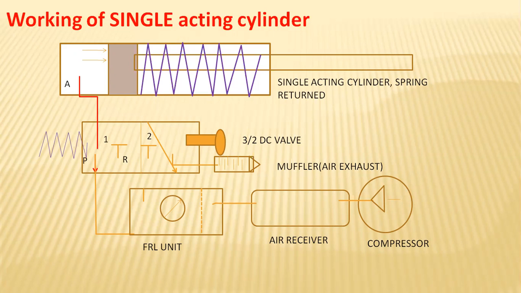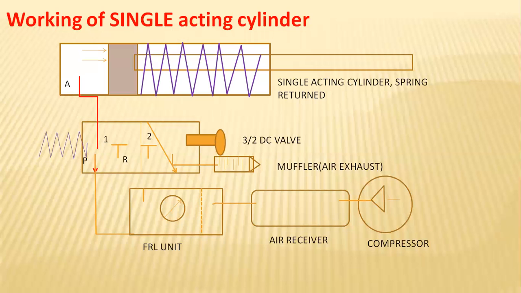Here, if you observe the single acting cylinder, spring returned actuator, the spring that has been arranged in the extension position will be compressed when the pressurized air enters the A side of the cylinder.